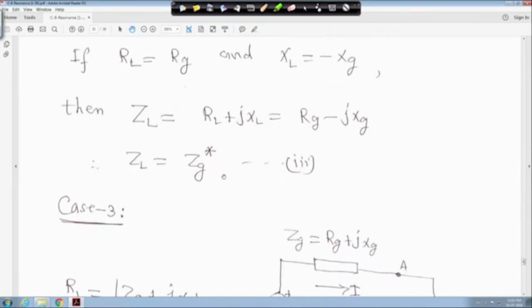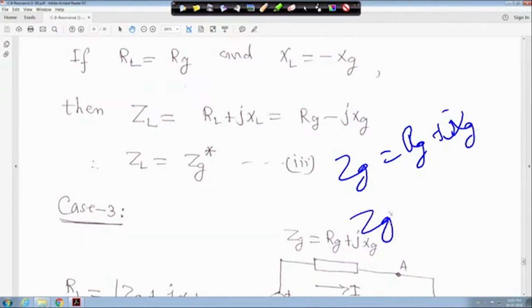That means ZL is equal to ZG conjugate, because ZG is R_G plus jX_G, and ZG conjugate is R_G minus jX_G, right.